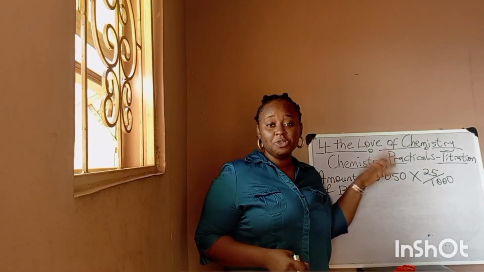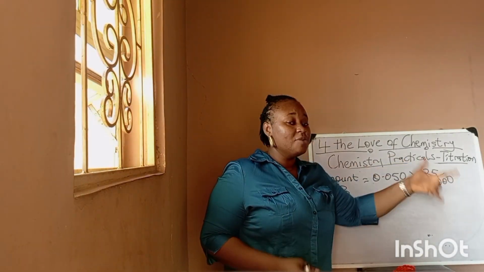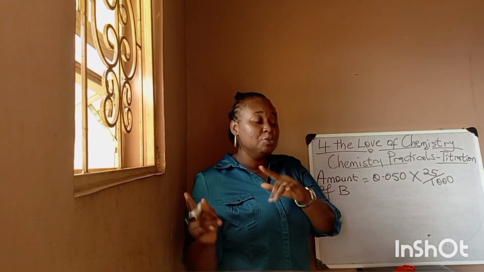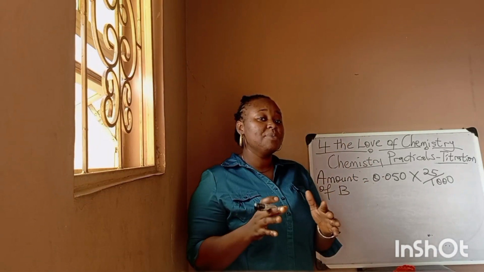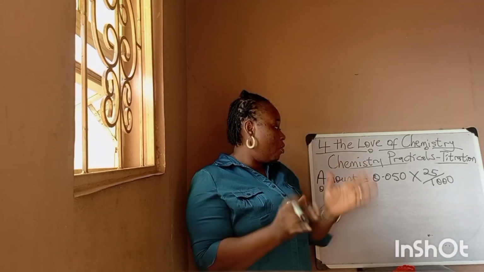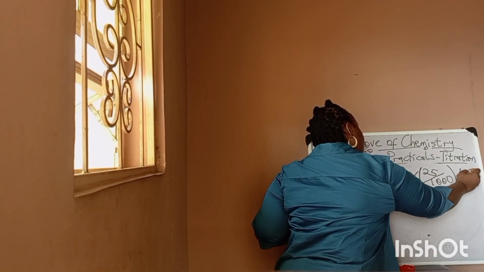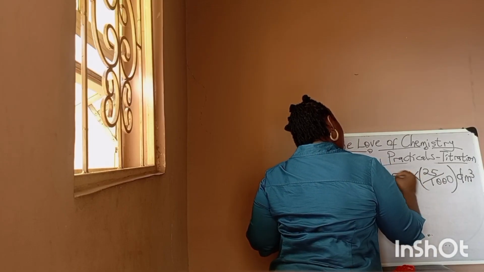This is our concentration in mole per dm cube, and this is our volume in dm cubed. We are given 25 cm cube, so we change cm cube to dm cube by dividing by 1000. So this is our volume in dm cube.